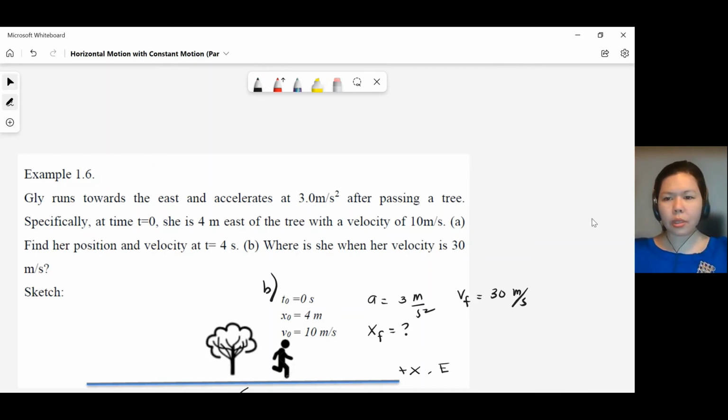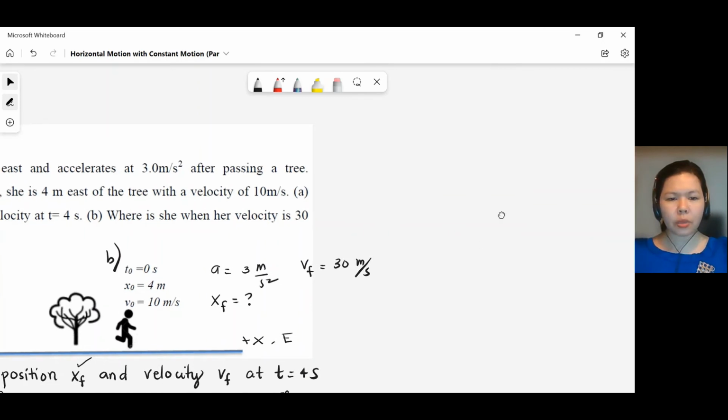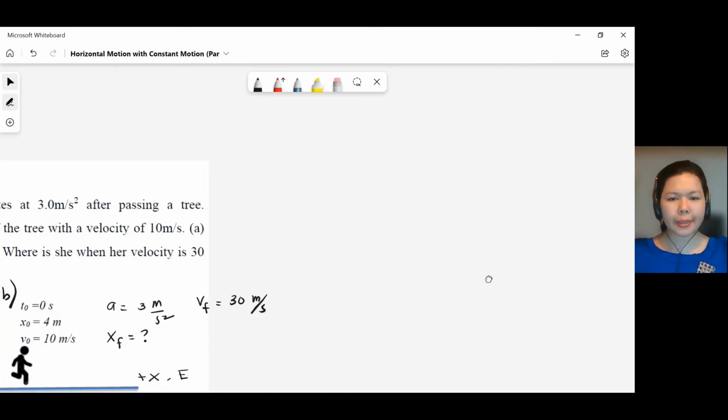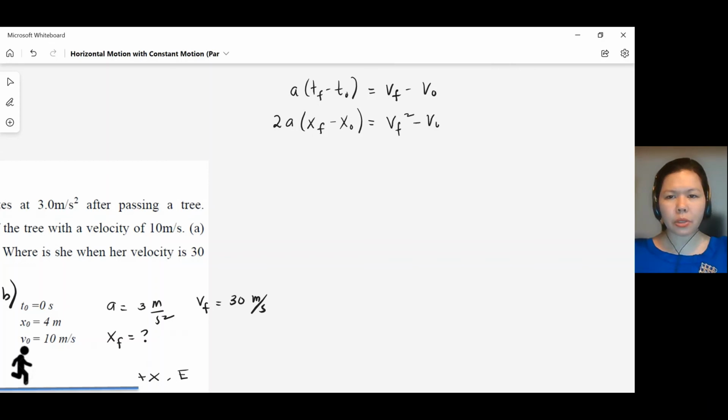So again, we check our equations and see which one we can use. I'm just dragging this one to the left so that we can still see the given and write our equation here. We write our 3 equations. A times TF minus TO equals VF minus VO, and 2A times XF minus XO equals VF squared minus VO squared.